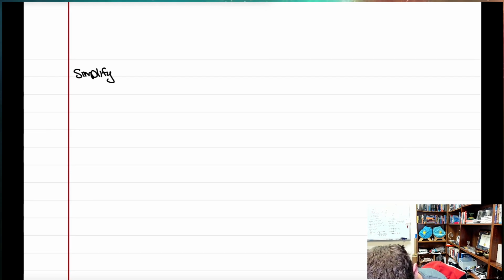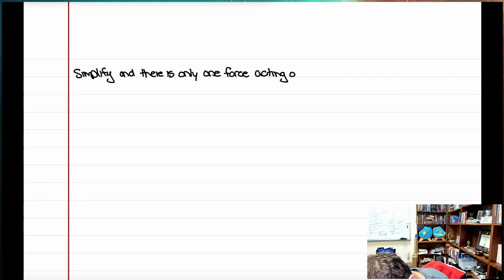So let's simplify our lives and imagine that there's only one force acting on the object. If we can do it for one force, then for multiple forces it's just a superposition, where you add all the forces together.